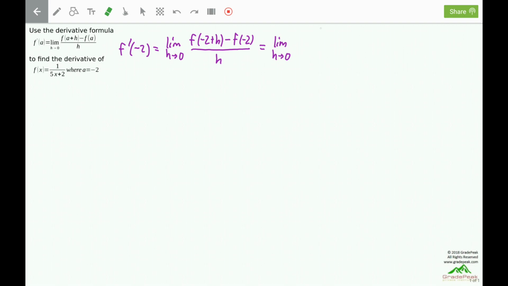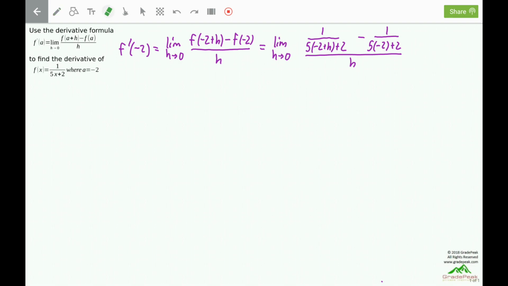That will give us 1 divided by 5 times negative 2 plus h plus 2. And then we're going to subtract from it f of negative 2, which means to replace every x with a negative 2. So 1 over 5 times negative 2 plus 2. This entire thing is over an h.